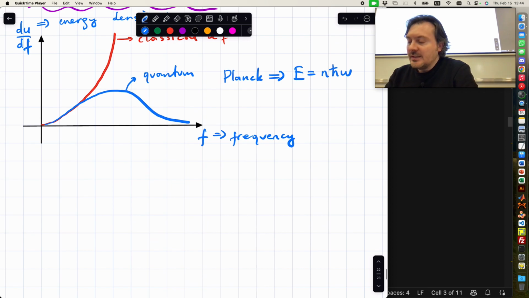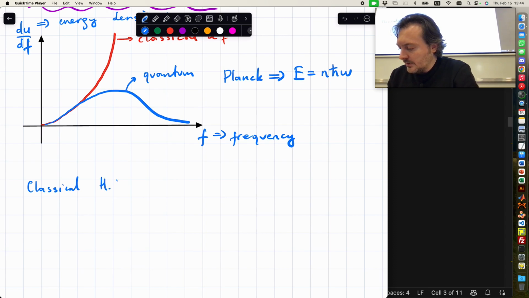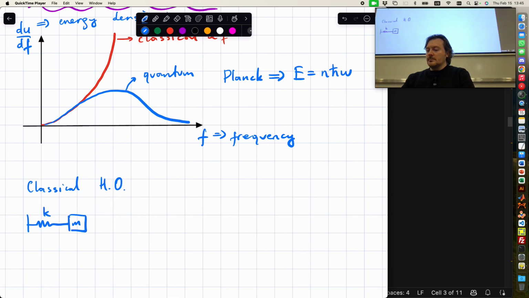So we have seen the classical harmonic oscillator, right? Classical harmonic oscillator looks like this. So if I started with some x0, then the total energy of the system is k x0 squared over 2, right?